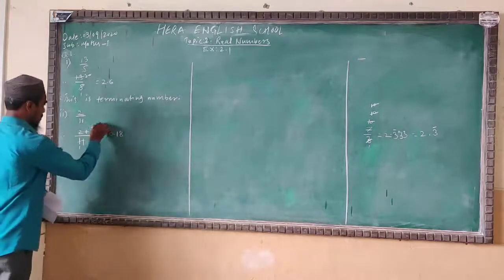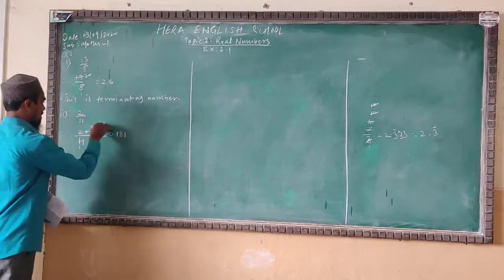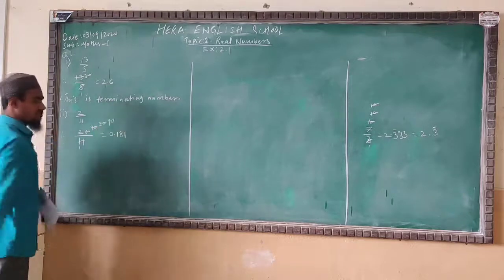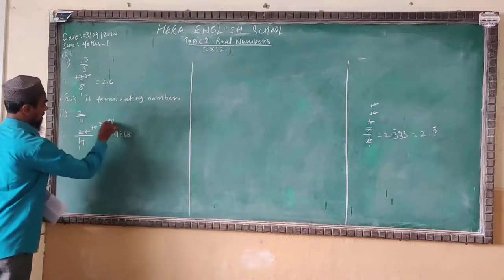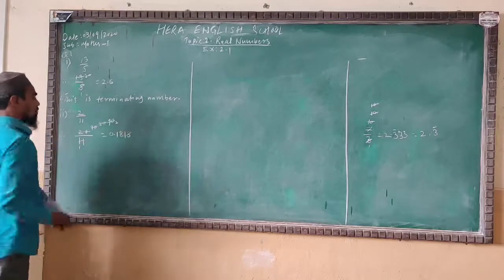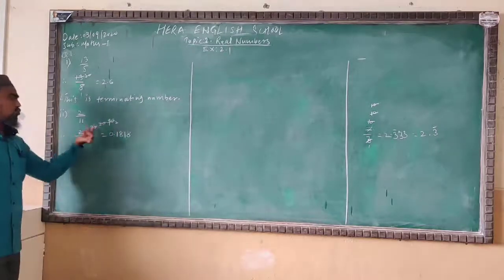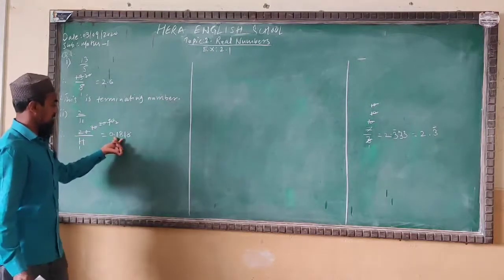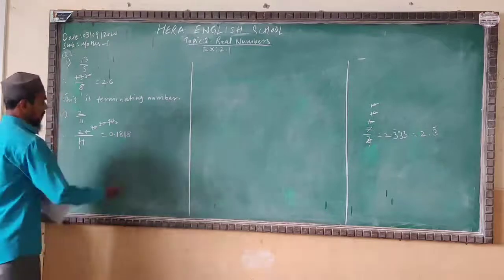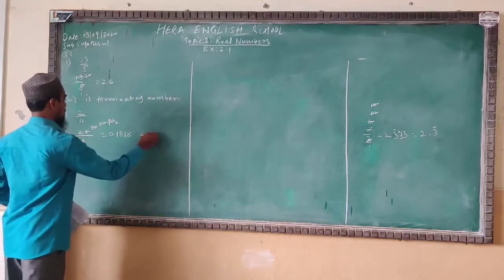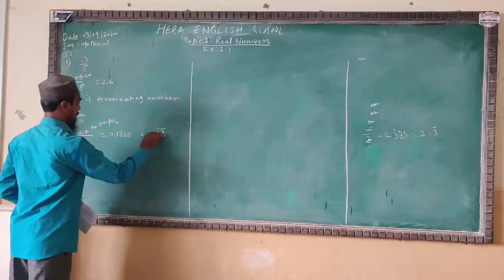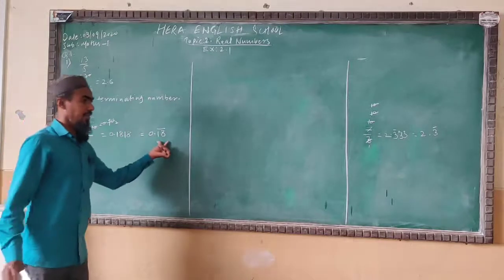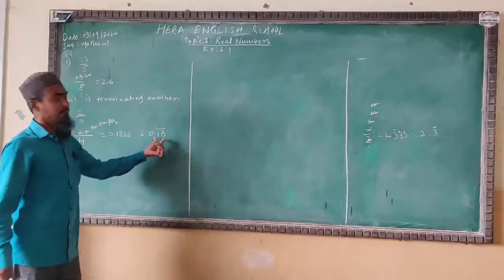So we will take the 0 once again. We will get here 11 1 is 11. The remaining is 9. In the answer after the decimal you will get 181818. Therefore the actual answer will be 0.18 bar. Means the 18 in decimal, you will get here more and more times.